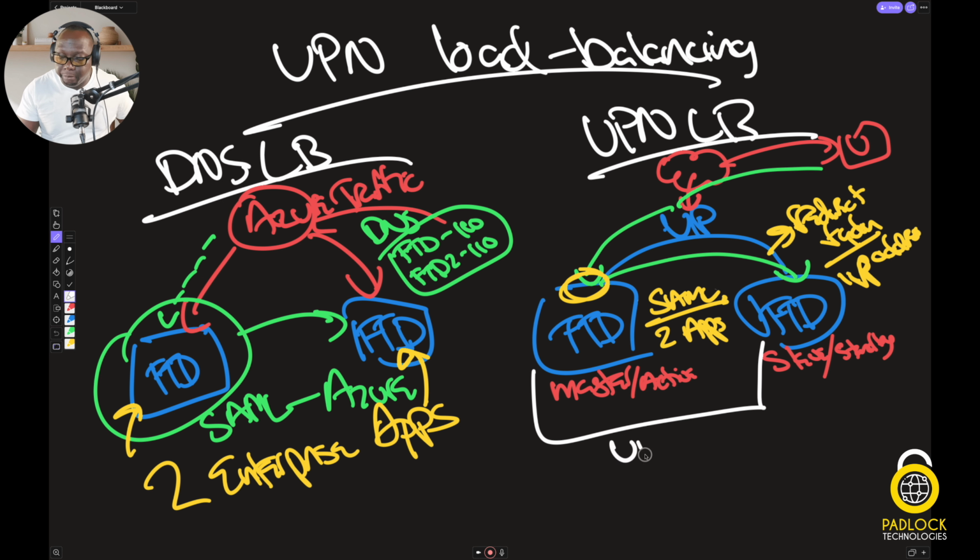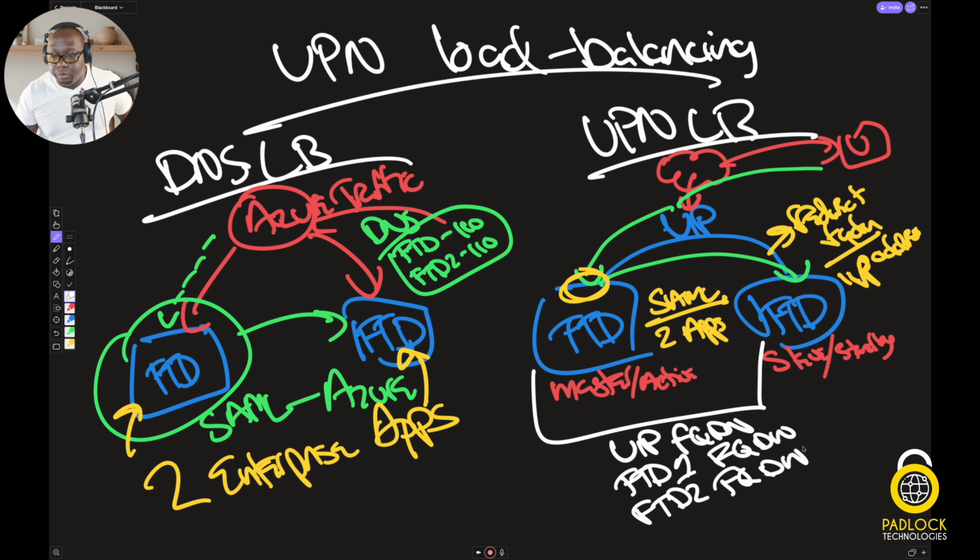It has to have the VIP FQDN, then it has to have FTD1's FQDN and FTD2's FQDN. Because what's going to happen is when you use that redirect FQDN, the VIP is only there to push sessions. You're not actually connecting to the VIP per se.